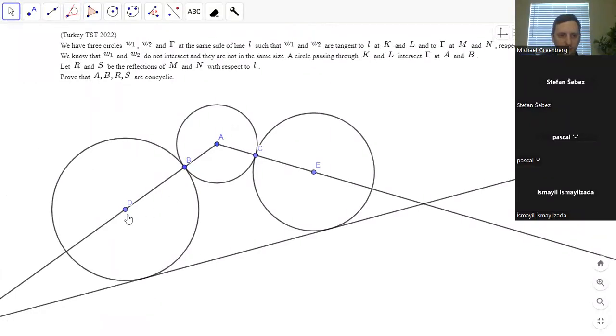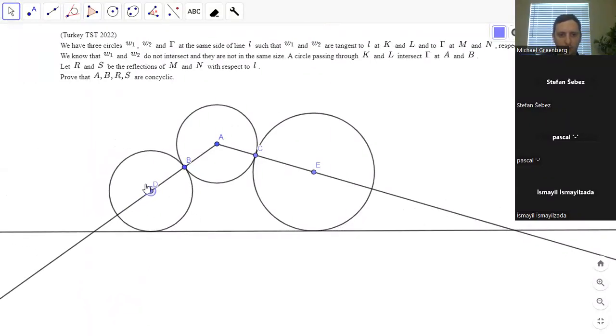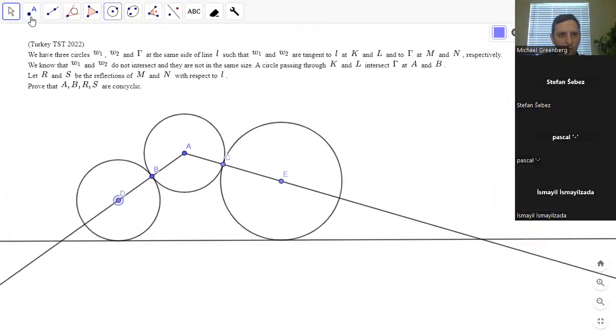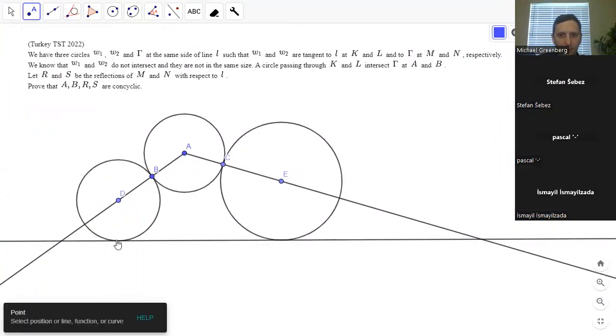Let me see if I can make the tangent line more horizontal. Maybe like that. Okay. So this would be K and L.